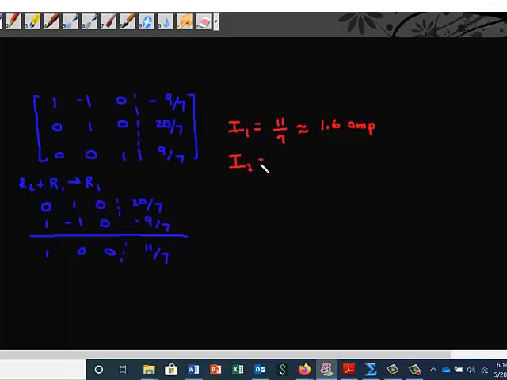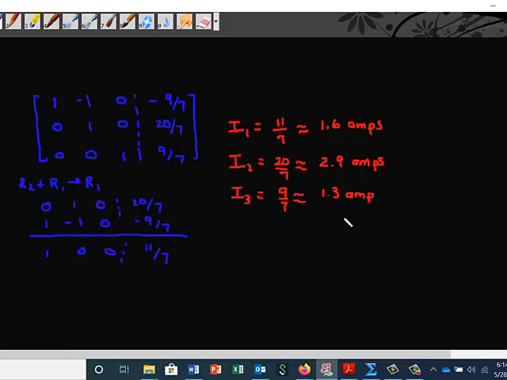So I2 is going to be 20 over 7, which is approximately 2.9 amps. And I3 is going to be 9 over 7 amps, which converts to 1.3 amps.